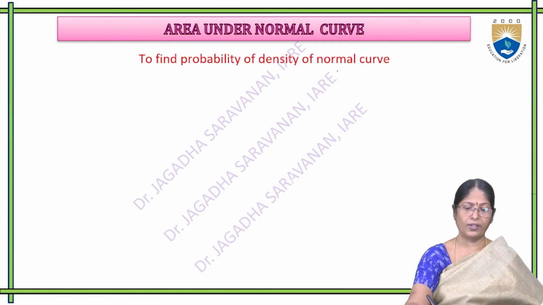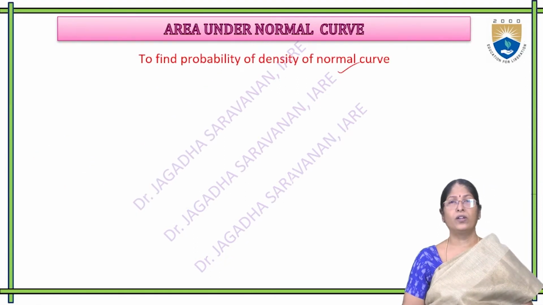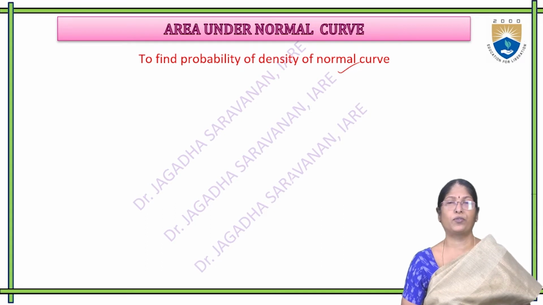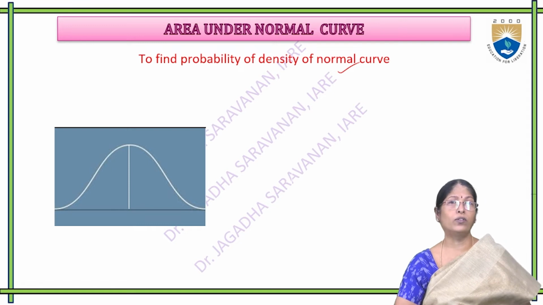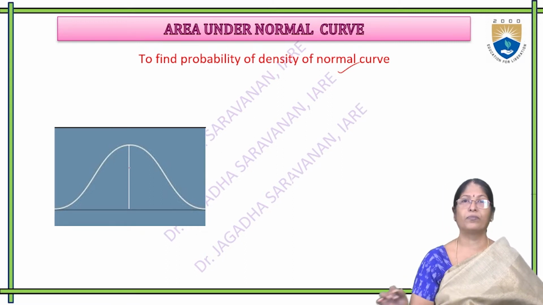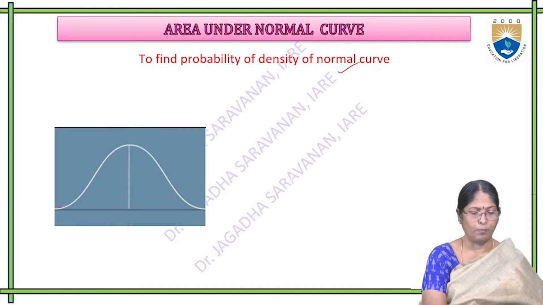To find the probability density of the normal curve, first we draw the normal curve. In the previous slide, we saw it is bell-shaped.